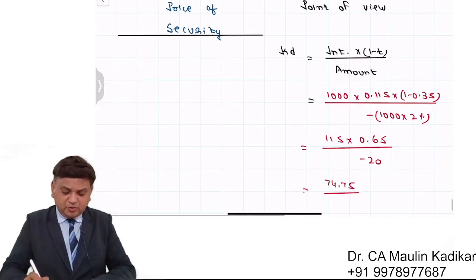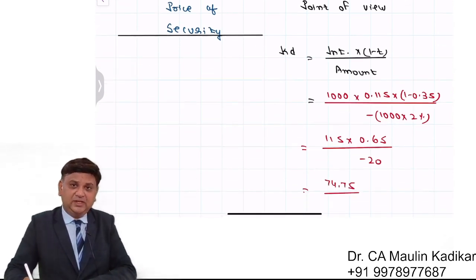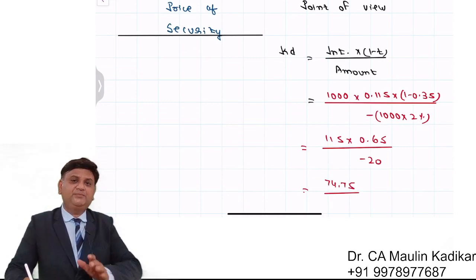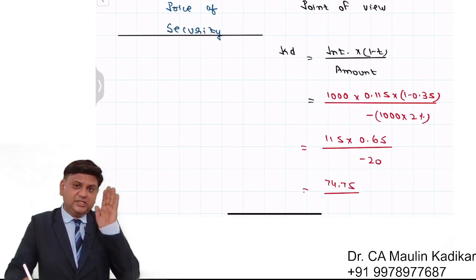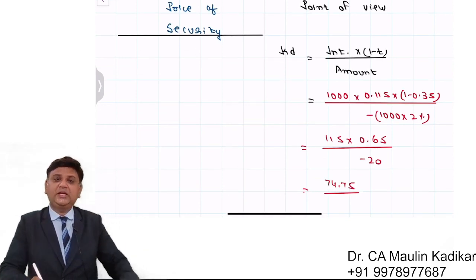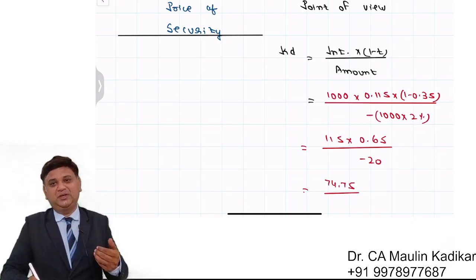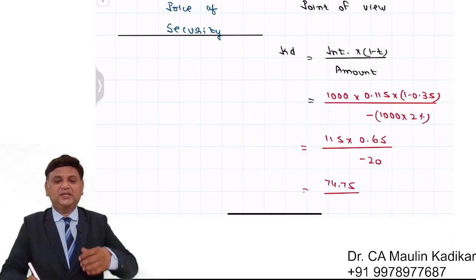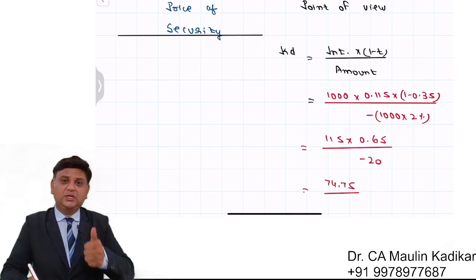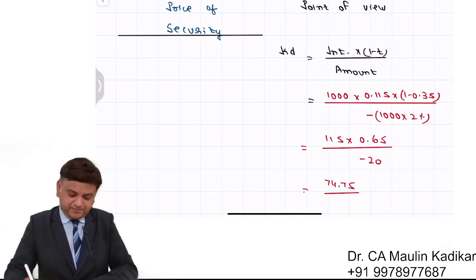Let us understand how to calculate it. The company is required to issue the security in such a way that the investors are getting return at the rate of 14 percentage, because unless investors are getting return at the rate of 14 percentage, they will not subscribe the security.